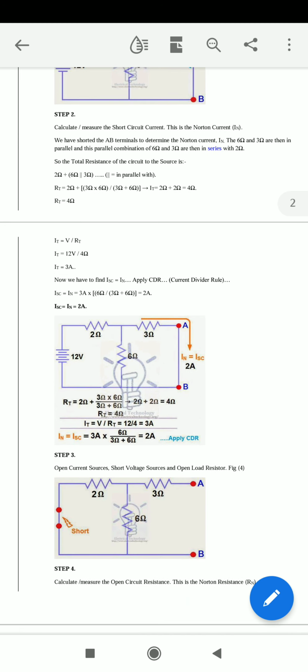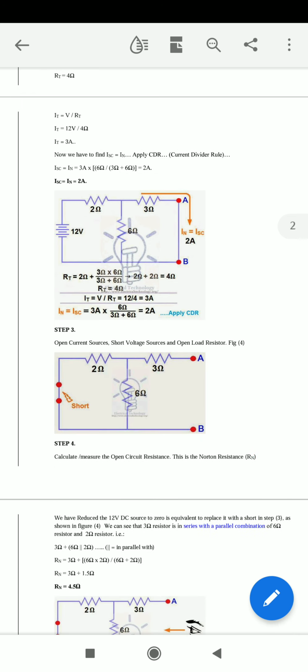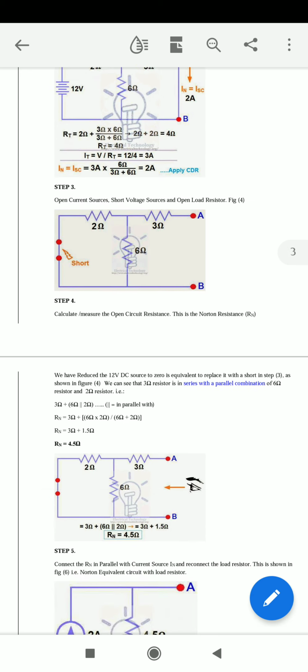So 3 plus 6, opposite resistance divided by total resistance. So 2 ampere is the short circuit current. That current is called Norton's current. So we can find that current value by using this formula.